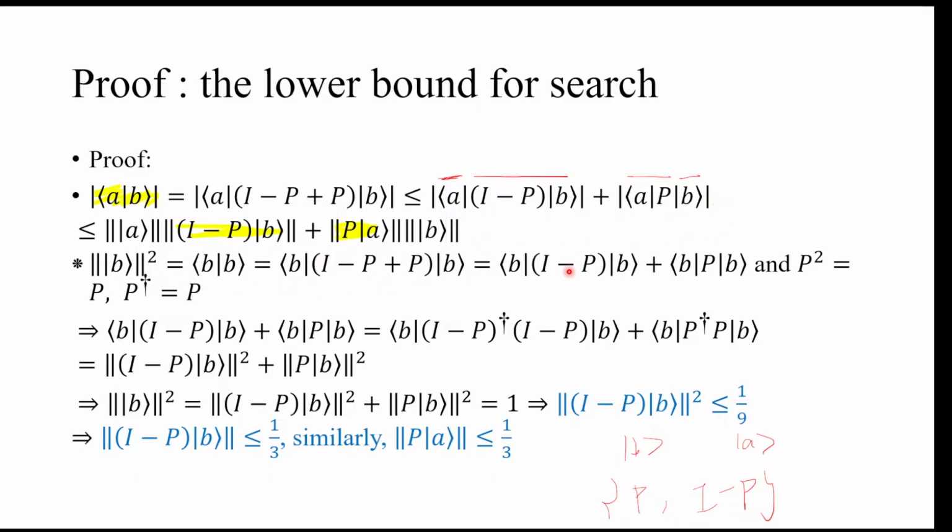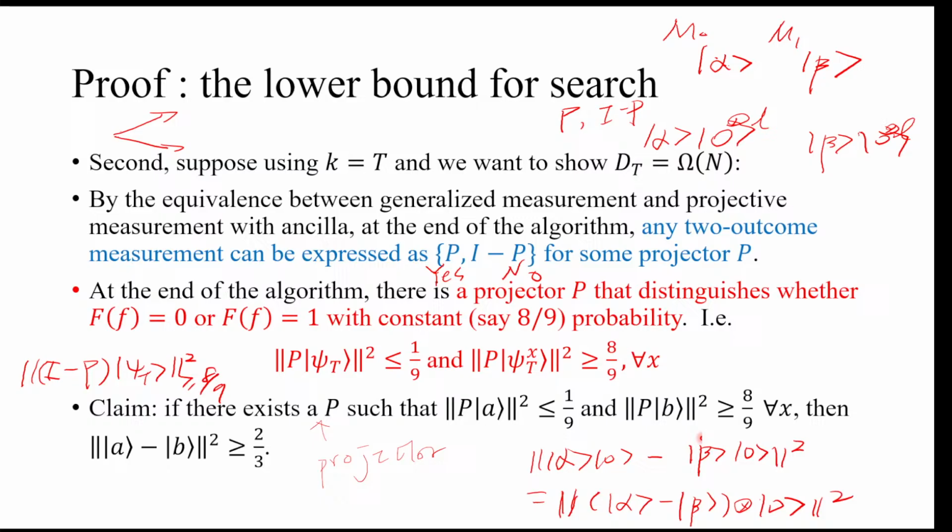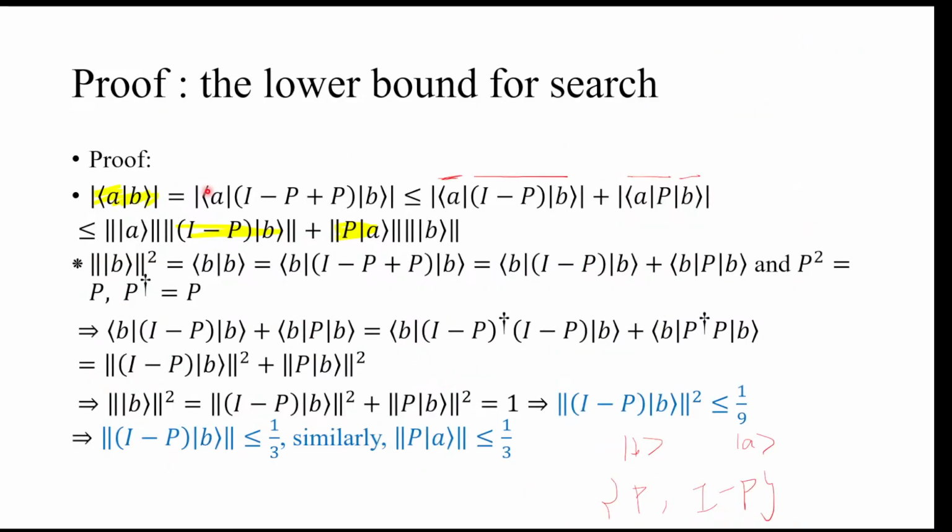We know the B vector is mostly on P and the A vector is mostly on 1 minus P, so now we can get the small thing we want. We know 1 minus P on B will be small and P on A will be small. So this is less than or equal to, using Cauchy-Schwarz, the norm of A times the norm of 1 minus P on B, plus the norm of P on A times the norm of B.